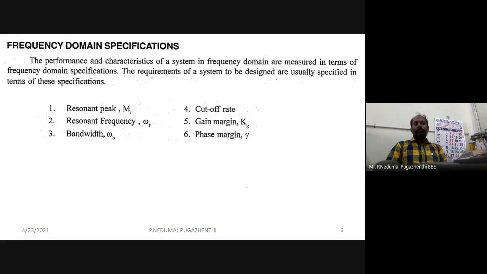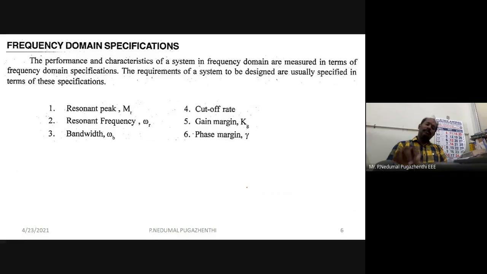Now we will be dealing with another methodology for getting the characteristics of the system through other specifications. We call these frequency domain specifications, and the performance of the system and its characteristics can also be analyzed and commented on based on the frequency domain specifications.